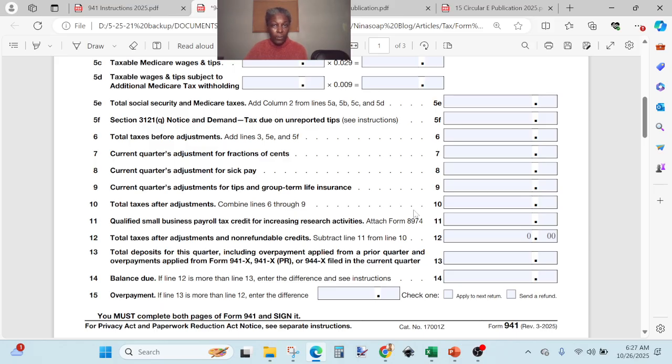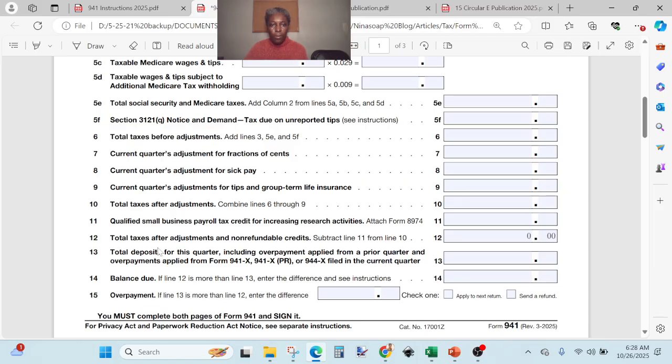There is a form that needs to be filed and attached if such credit is claimed. So line 12 is total tax after adjustment and non-refundable credits, and I believe line 11 will be a non-refundable credit.